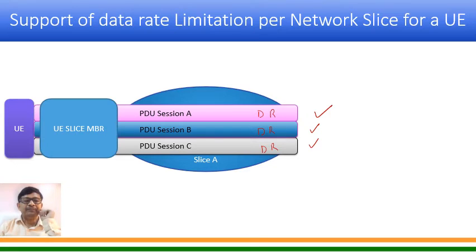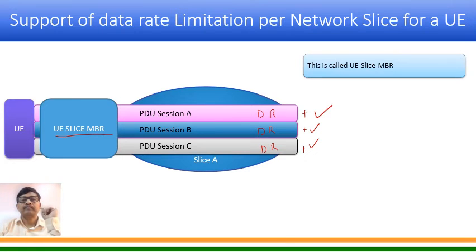Now, combinedly, if you add up these data rates, this should not exceed the UE slice MBR which is defined in the network, right? So there is a parameter of UE slice MBR. Within a slice, how much maximum bit rate can be given to a particular user equipment. So this is called UE slice MBR.